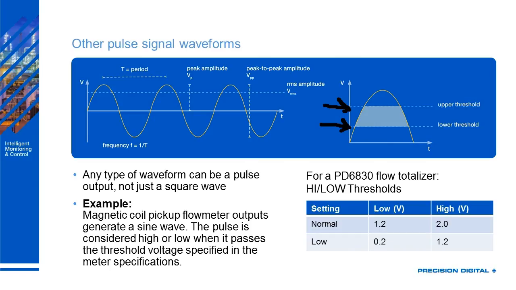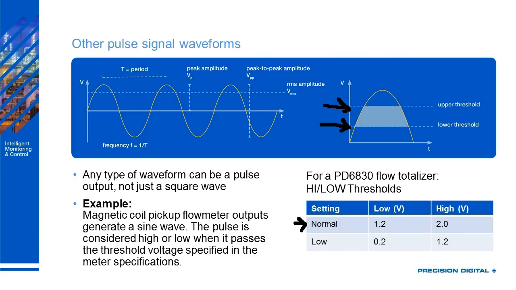So for a normal active pulse, meaning that it's a powered pulse coming out of something that's likely externally powered, I'm going to have a normal setting for thresholds that gives me a low of 1.2 volts, meaning anything below 1.2 is going to be considered a low, and a high of 2.0, meaning anything above a 2 is going to be considered a high.